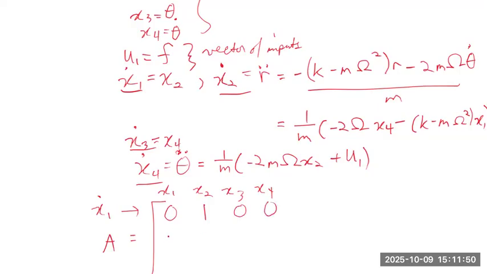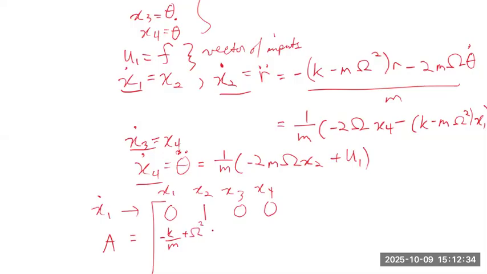What about for x2 dot, which is the second row? From this equation over here, we have 1 x1, which is going to be negative k minus m omega squared, divided by m, and that will give us negative k over m plus omega squared.